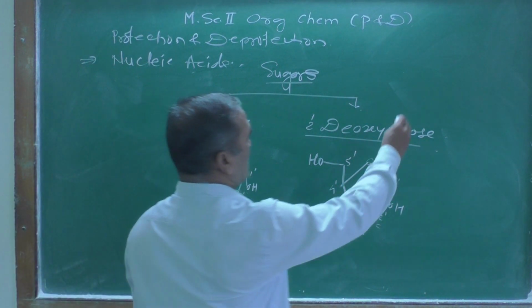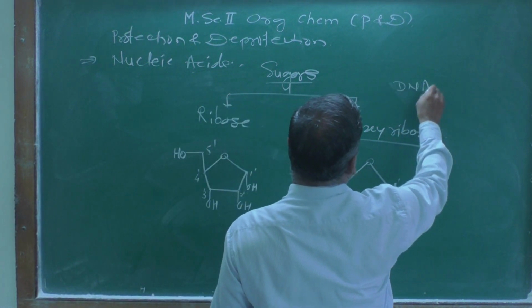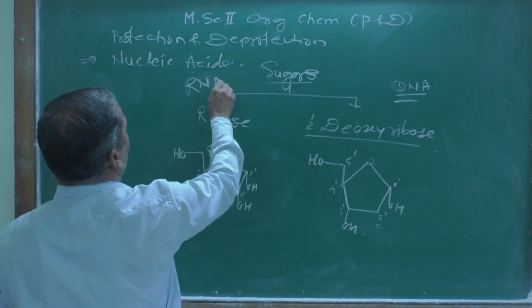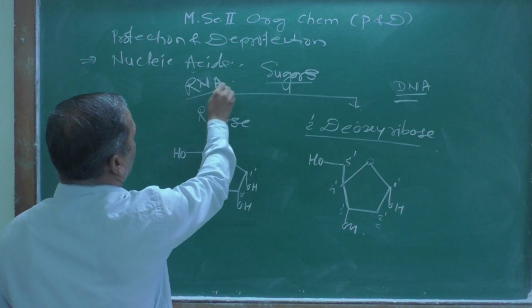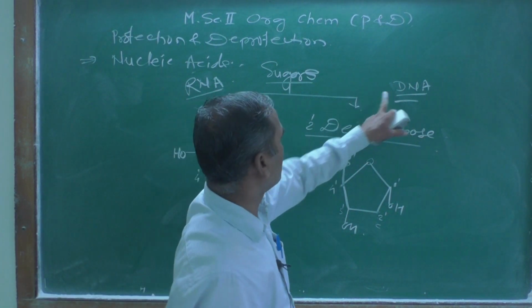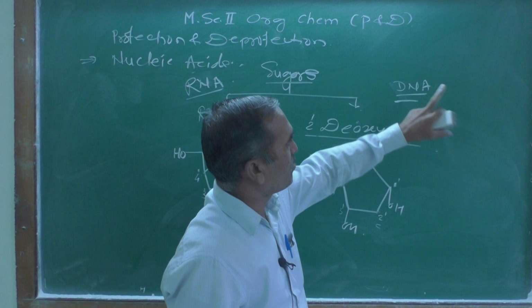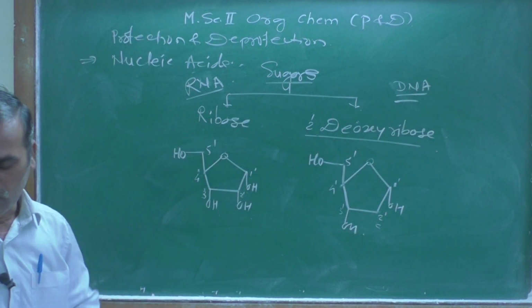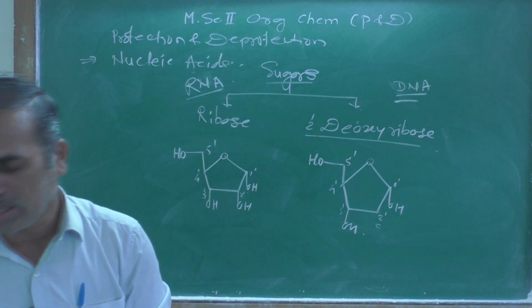Do we know the DNA, right? DNA means what? This one, and RNA means what? This one, ribonucleic acid, and D means deoxyribonucleic acid. So those are the two main sugars present over here.